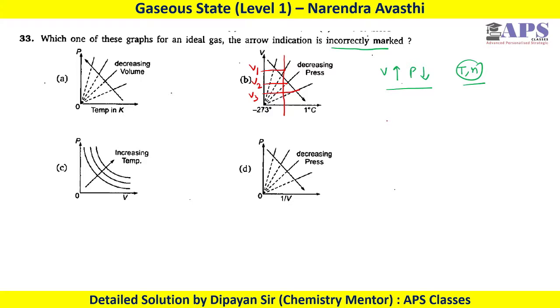So we can write V1 greater than V2 greater than V3 from the graph. So it indicates that P3 must have the maximum value, then P2, then P1. If we come downwards, we can see volume is decreasing, so pressure should increase, but here it is written as decreasing, so it will be our option in this case.